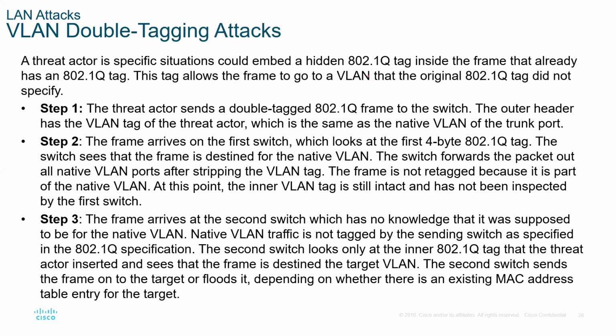Step one, the threat actor sends a double tagged frame to the switch. Step two, the frame arrives on the first switch. Step three, the frame arrives on the second switch. So with this one, we know tagging. Let me try to convert this one.